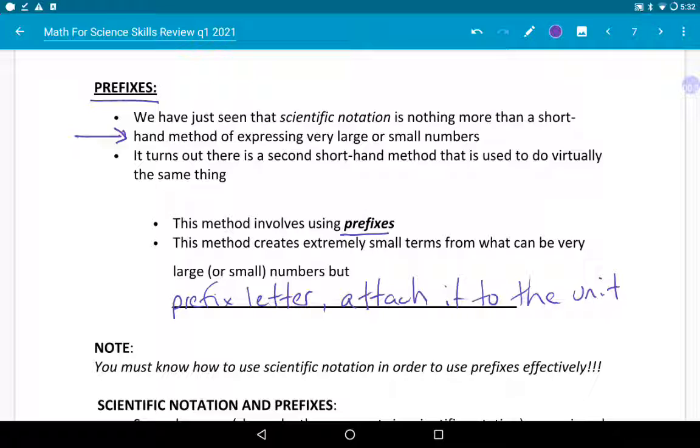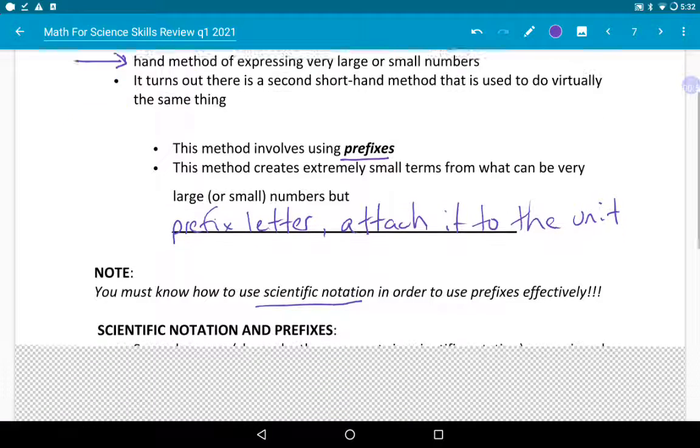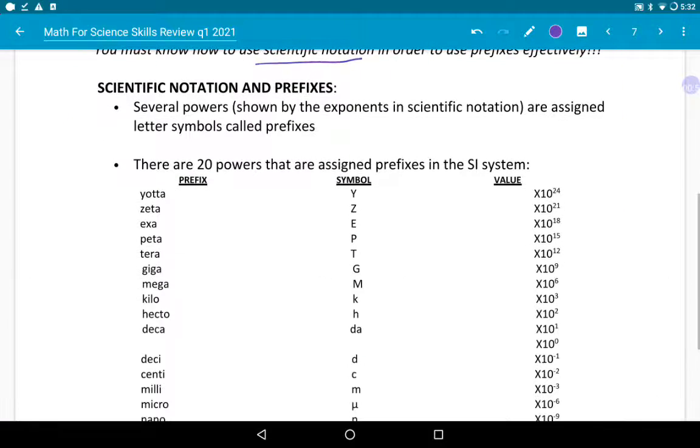By attaching it to the unit, it communicates how large or small the measurement is. Just a note, if you can't do scientific notation, you won't be able to work with prefixes because they go hand in hand in understanding the size of the measurement.